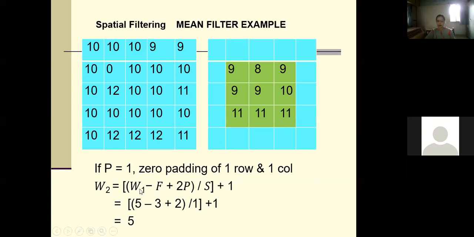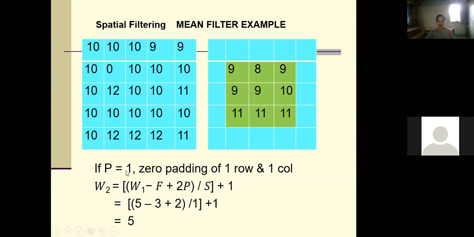So we can directly observe here, when we add 0 padding of say 1, means 1 row here, 1 row here, 1 column here, 1 column here. That's why here in the equation it is 2 times P, because we are adding 1 zero padding row on both sides of the existing image.